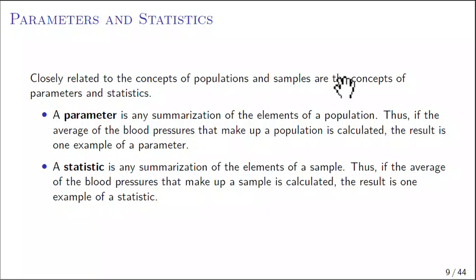And a statistic is exactly any summarization of the elements of a sample, a data set. So a parameter is for the population, and a statistic is for the sample. If we want to use one line to describe the relationship between those two terms.